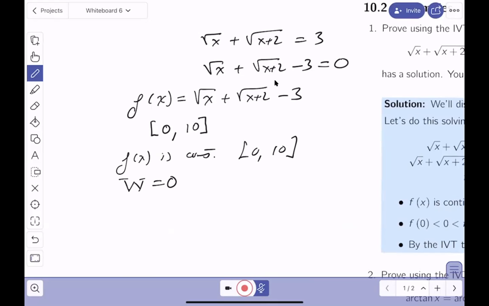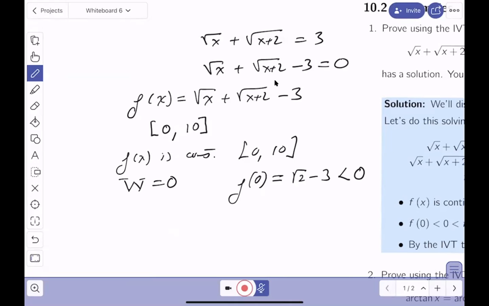Maybe I'm going to do a different interval. I'm going to do f of 0. What's f of 0? Well, that's a tough one, isn't it? That's 0 plus root 2 minus 3. Wow, that's a tough number. Not really. What do I know? Root 2 minus 3 is definitely less than 0.